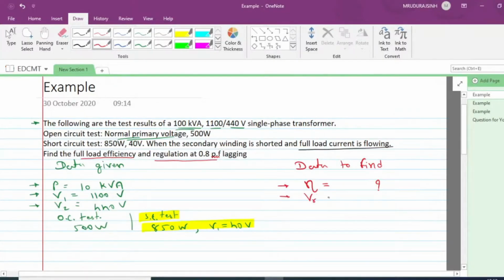So voltage regulation we need to calculate at 0.8 power factor. So this much data is given to us, and now we are going to solve the example using this data. So let's begin with the solution.